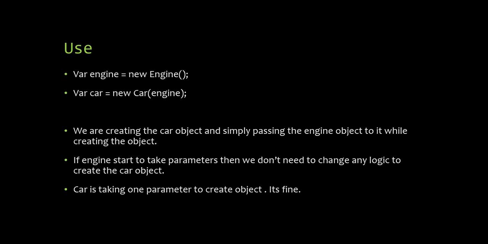And suppose your engine also starts taking parameters that depend on other parameters, so it becomes very difficult. Right now I have given only 2 lines of code where we create the engine and create the car with the parameter, but this is not always the case. When we work on a heavy application, a lot of objects need to be created before any important object, so in that case it becomes very unmanageable.